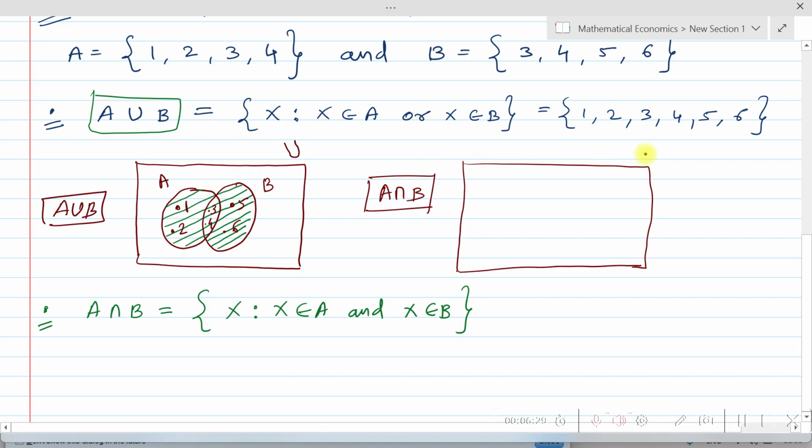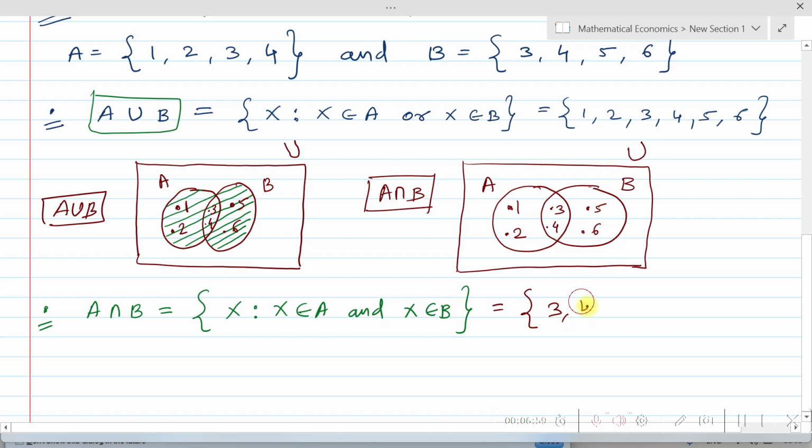This is universal set U, set A, set B. This is 1, 2, 3, 4, 5 and 6. Now what is A intersection B? That is X such that X belongs to A and B both. So the answer is 3 and 4.